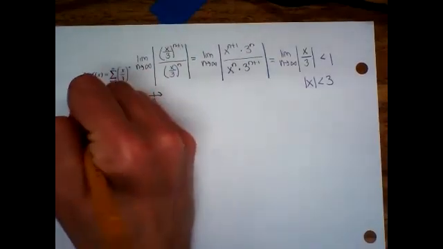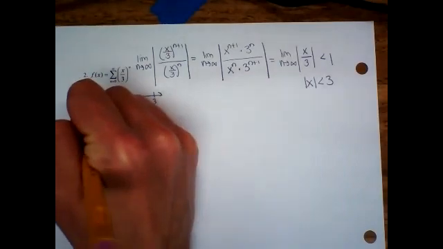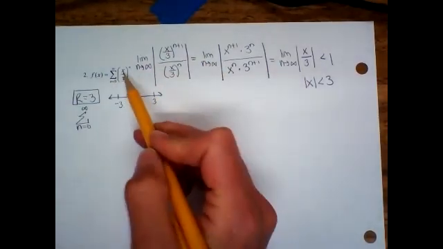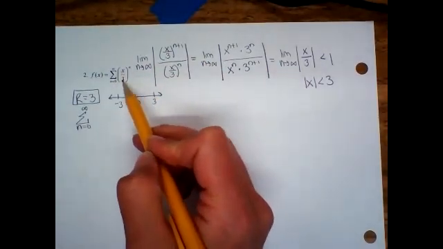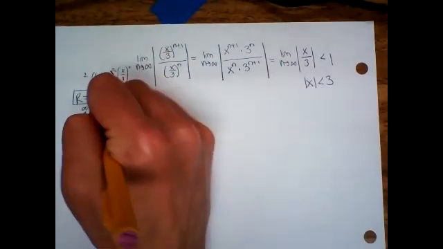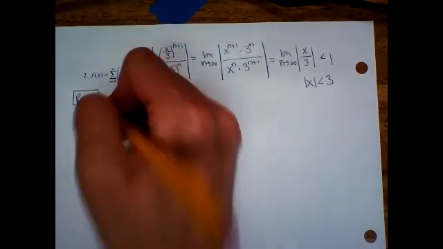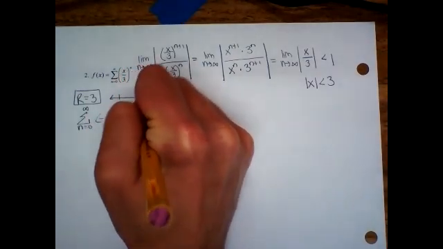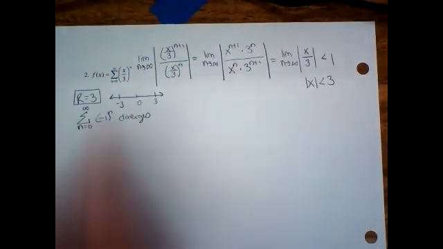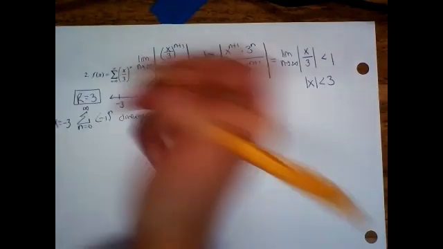So if we plug x is -3 back into the original series, that will give us -3 over 3, which would just be -1 to the n. So same as on the other side of the paper, -1 plus 1 minus 1 plus 1 minus 1 plus 1, that's going to diverge. Sorry, that was x being -3.